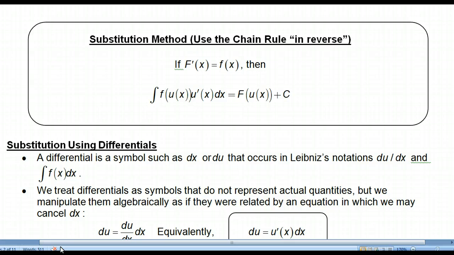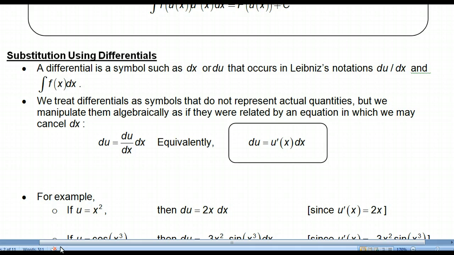First thing, I actually want to come back to this. One of the things that we learned back in chapter 4 were differentials. I know it was a long time ago, but differentials just mainly mean we want to make sure that the dx is on the other side.